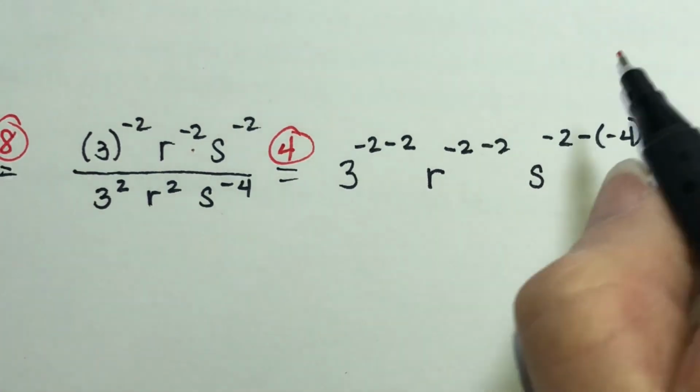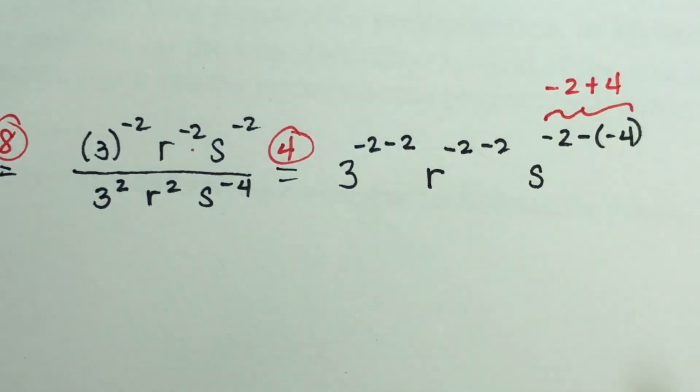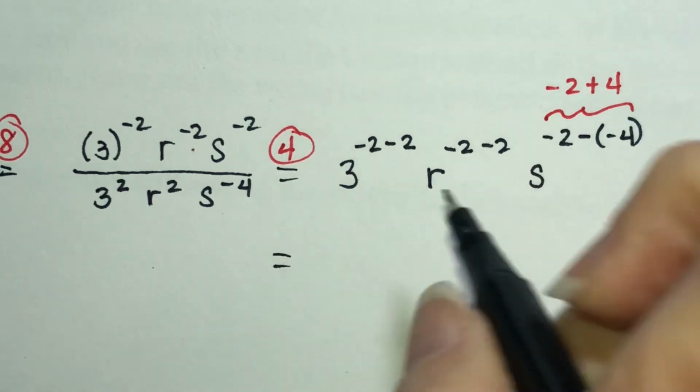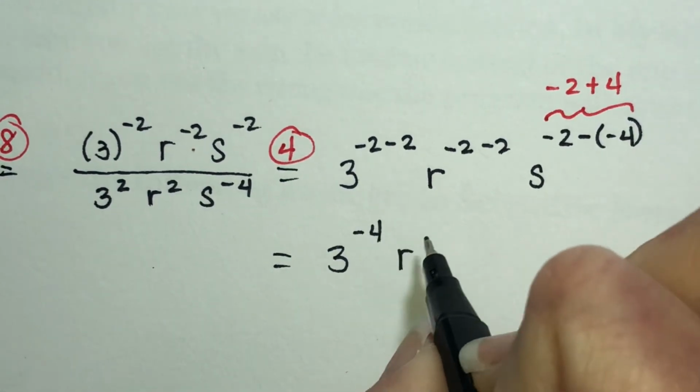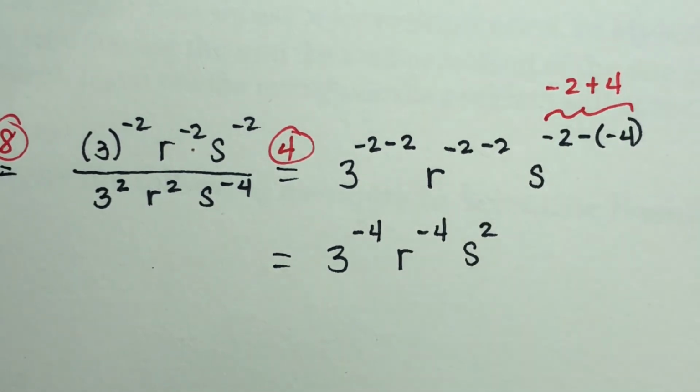Okay, and just to save some space, that's the same thing as negative 2 plus 4. Okay, now just using the arithmetic, we have 3 to the negative 4, r to the negative 4, s to the positive 2.